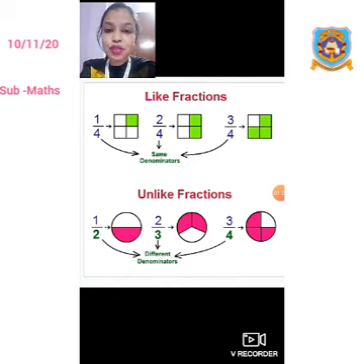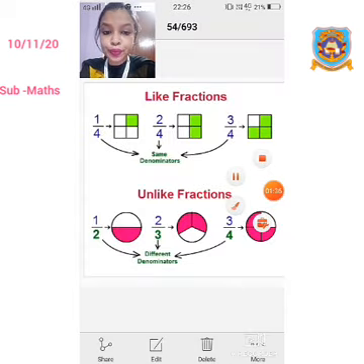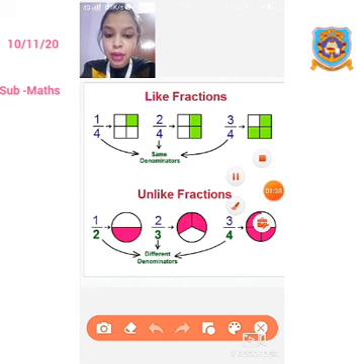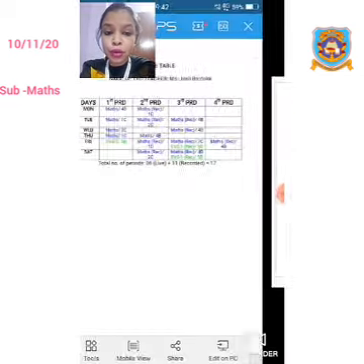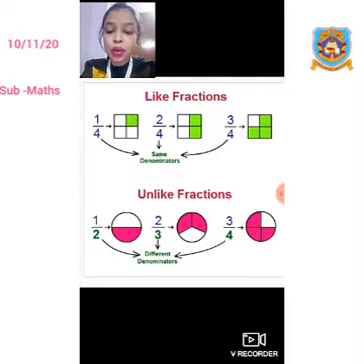And the last is 3 by 4. Now if you look carefully, you can see 1 by 2, 2 by 3 and 3 by 4. The denominators are 2, 3 and 4. So that means it is unlike fractions.